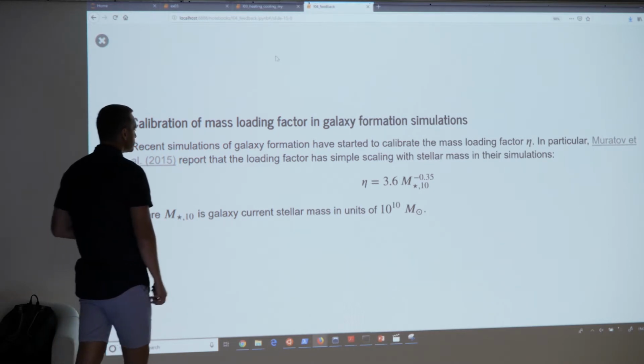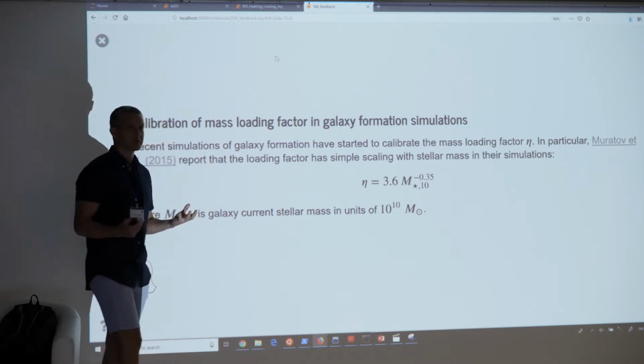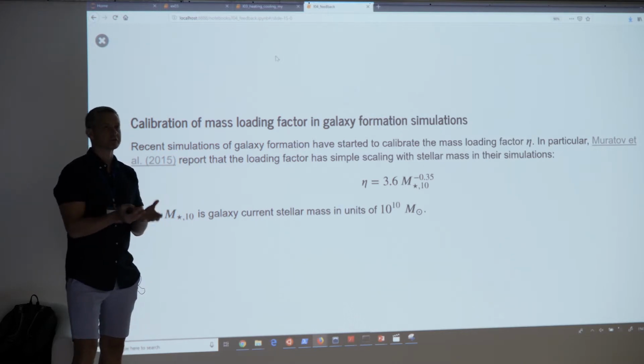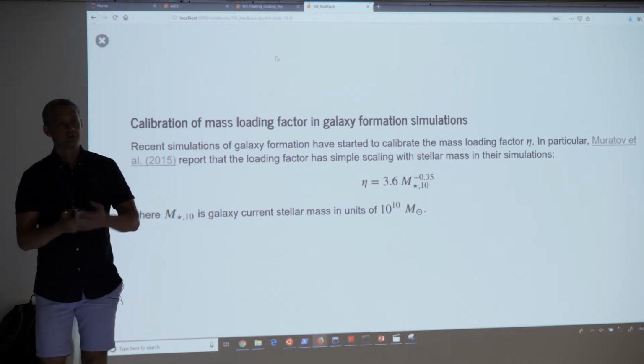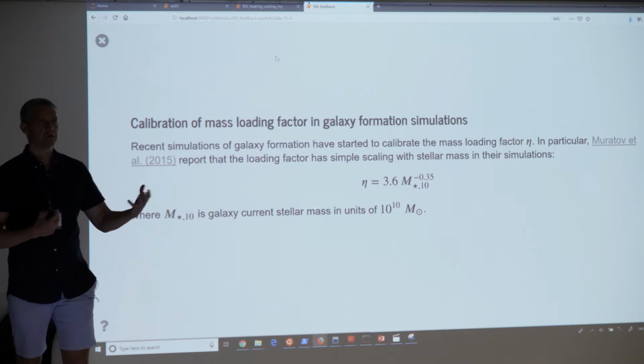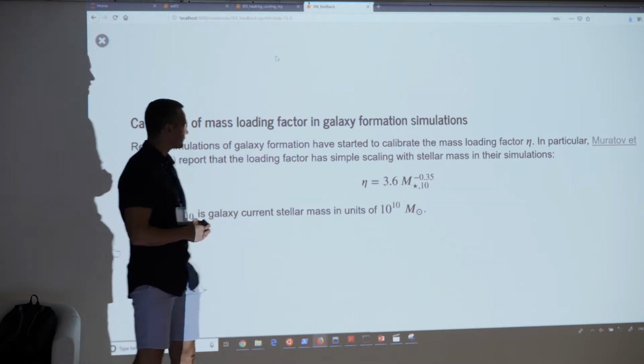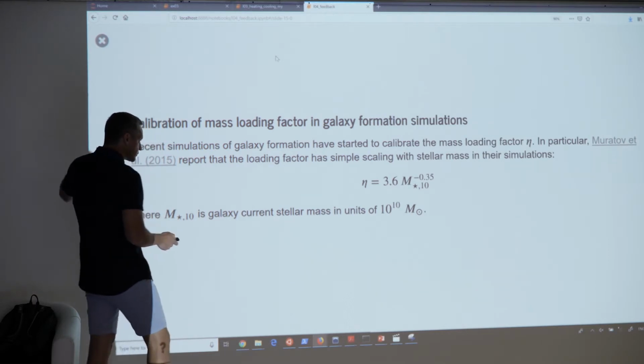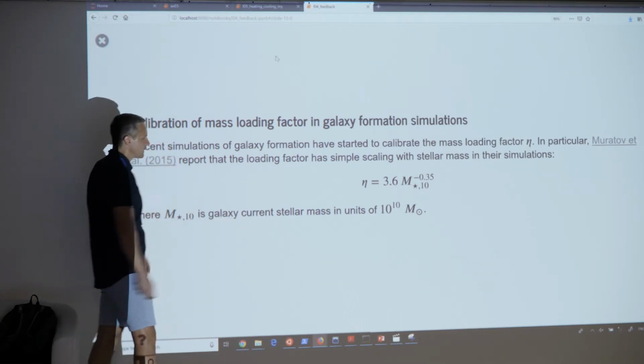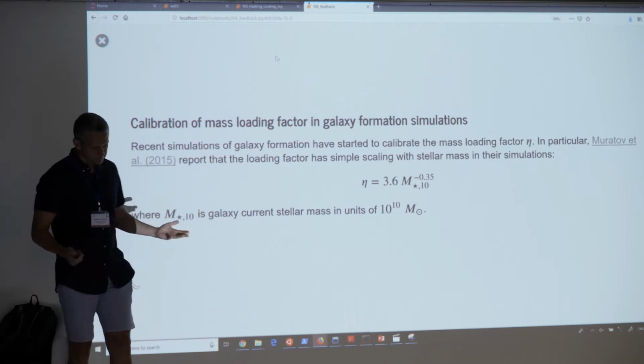And physically, it makes sense because smaller mass galaxies have a shallower potential well. And so the same input of energy, the same rate of supernova energy injection, should be more efficient in removing the gas. And so just the direction of that scaling does make sense physically. In fact, the constant eta is what doesn't make sense.